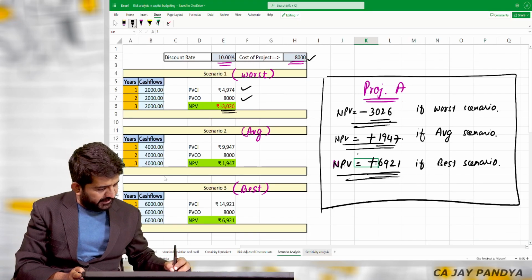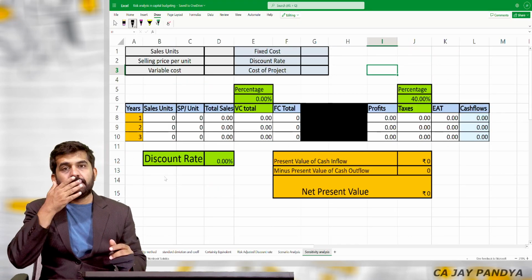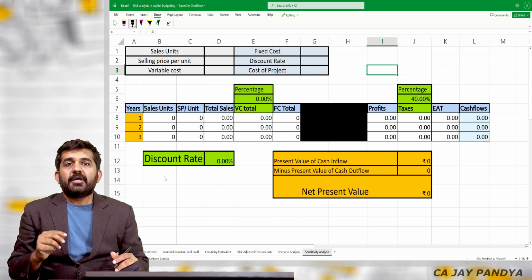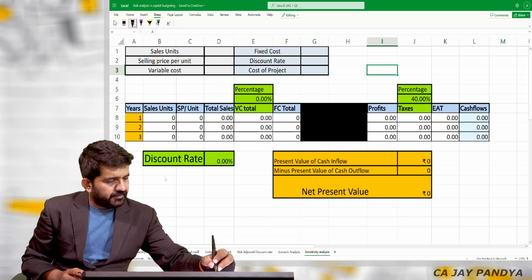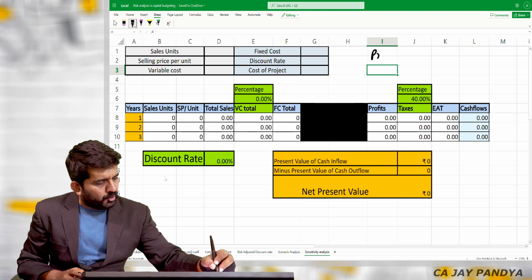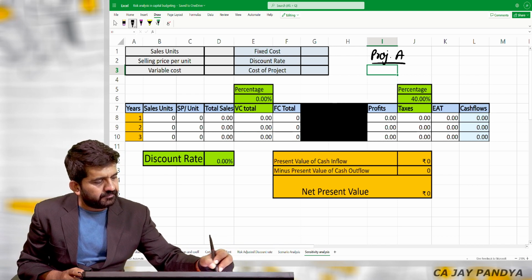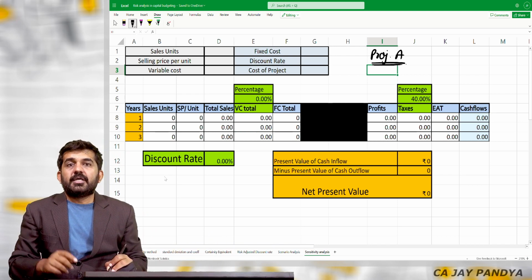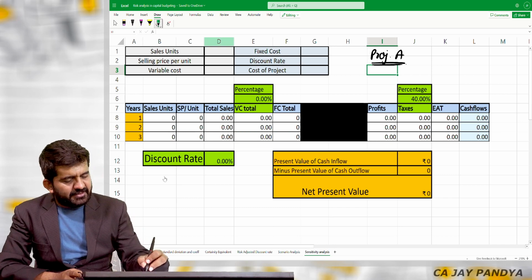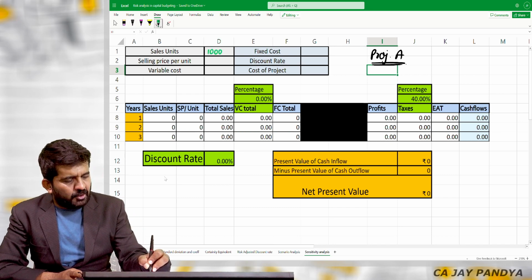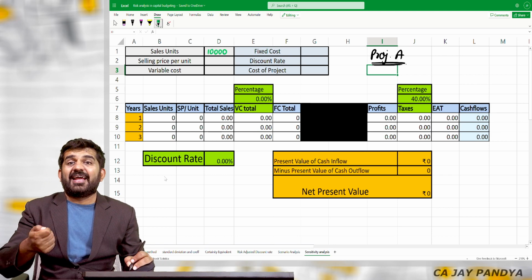Let me again take an Excel sheet and try to explain to you. In a project, the name is project A. Sales units are 10,000 units per annum.